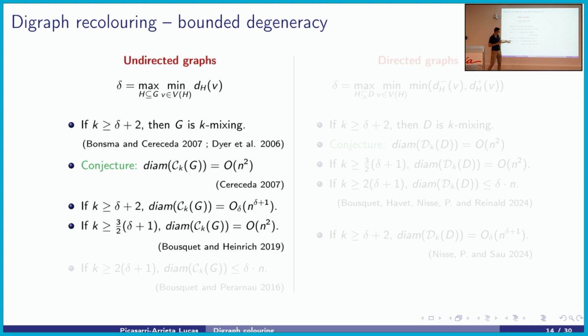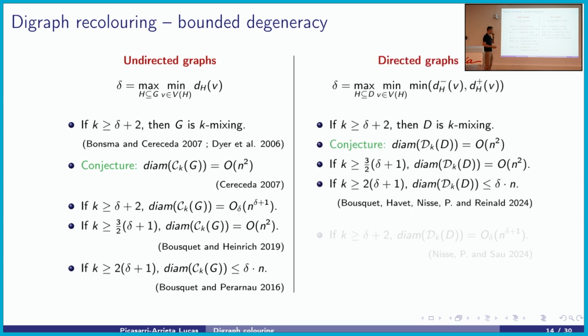And secondly, if we increase the number of colors to 3/2 times the degeneracy plus 1, then we indeed obtain a quadratic diameter. And Bousquet and Perarnaud proved that if we even increase the number of colors to twice degeneracy plus 1, then we obtain a linear diameter in the number of vertices.